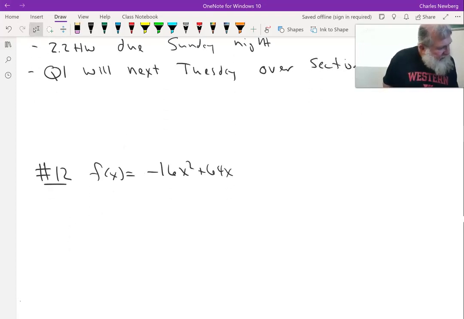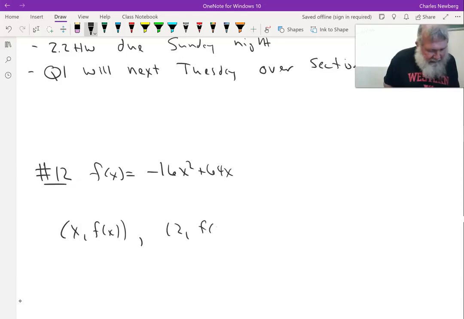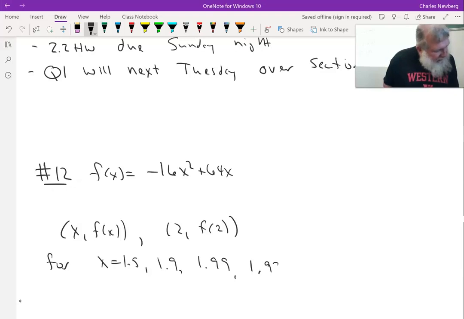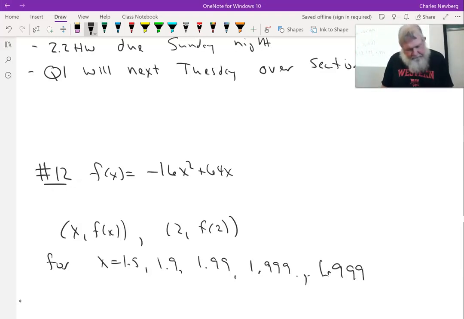And we want to complete the following for x, f of x, and 2, f of 2, for x equals 1.5, 1.9, 1.99, 1.999, and so forth. So I got to put in a bunch of values, right? Anytime I'm going to put in a bunch of values, what am I going to do? I'm going to build a table and then put in the x values at the end.